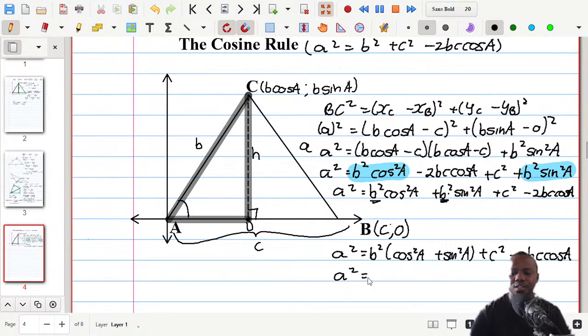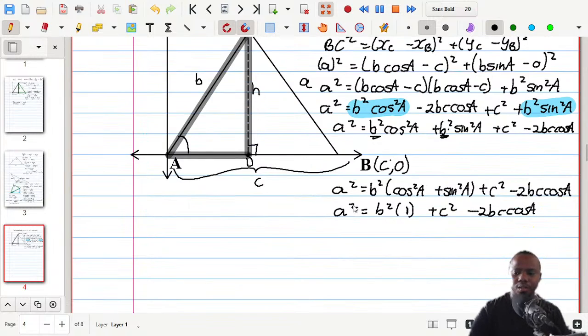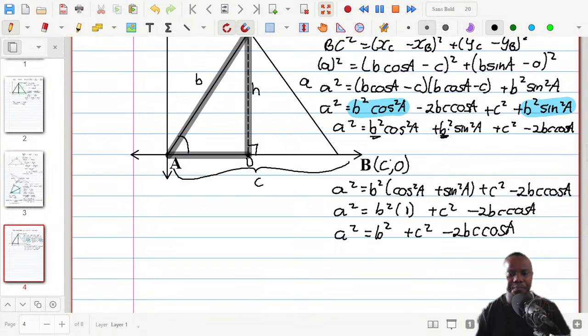If you remember from your trig identities, cos squared a plus sine squared a is going to be 1. So a squared will be equal to b squared plus c squared minus 2bc cos of a. There we are, we have proven the cosine rule.